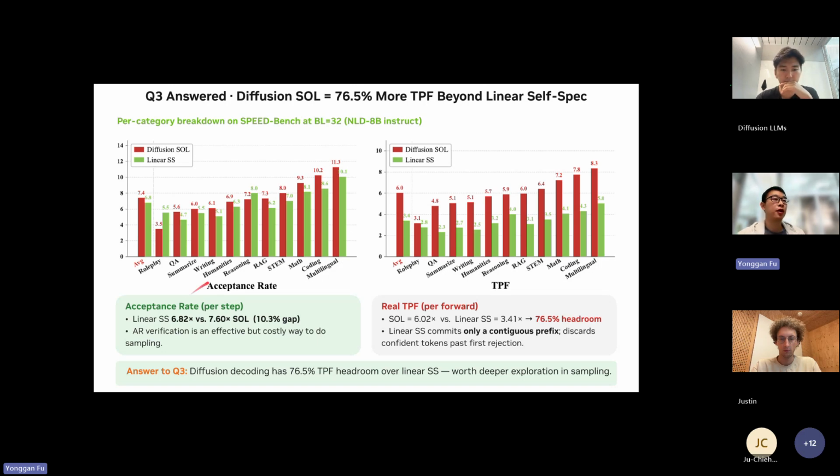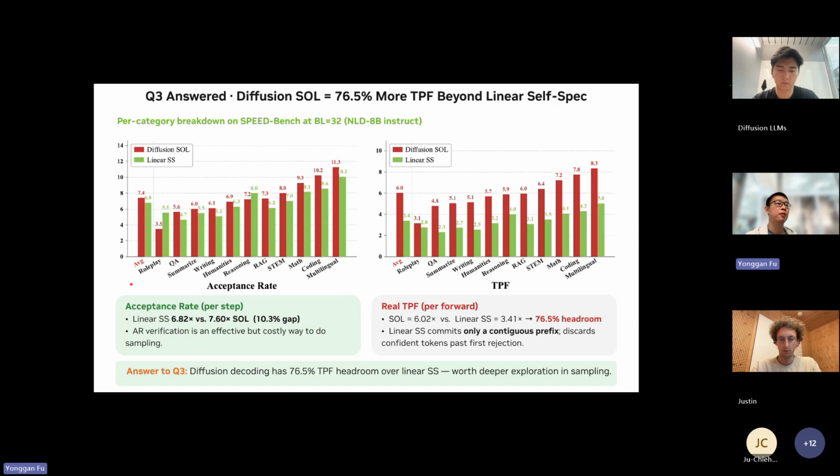Okay, let's first focus on the acceptance rate. You can see the red part is the theoretical SOL performance, and the green part is the self-speculation. The SOL is higher than the self-speculation, but we can see the gap is super close now. It seems that linear speculation, if we do not consider the verification cost, can already achieve a pretty similar acceptance rate to the diffusion mode.